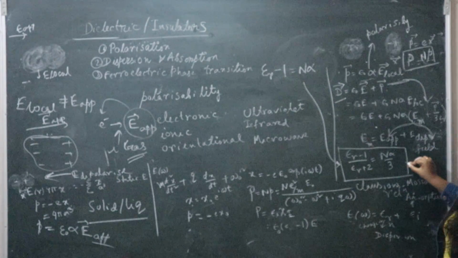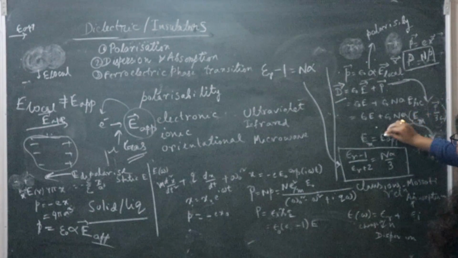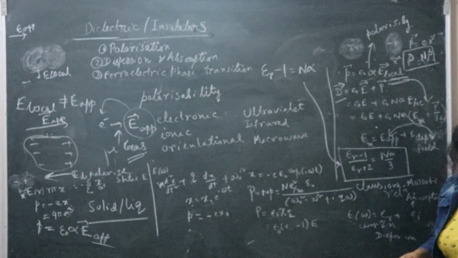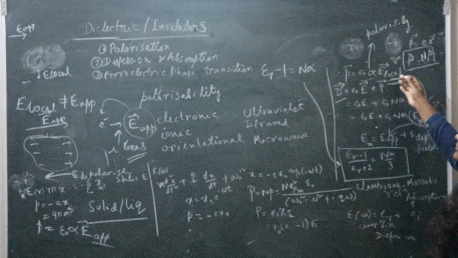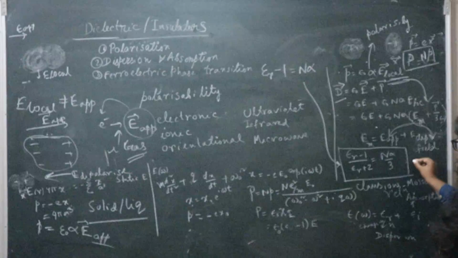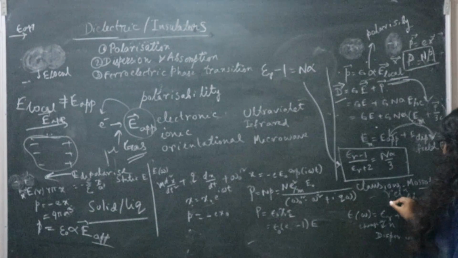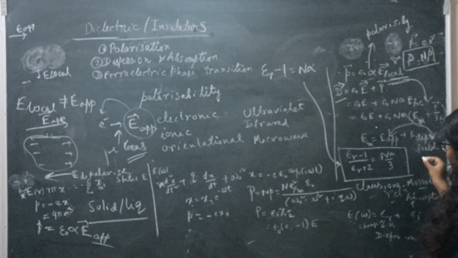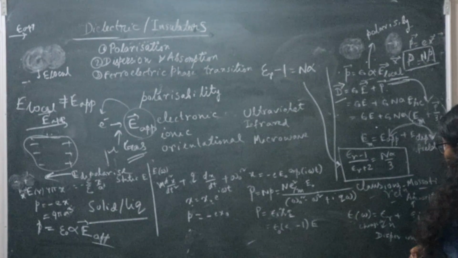It has changed due to E local, the electric field realized by the local electric field applied on the electrons. So this is the Clausius-Mosotti relation for the dielectric constant of solid or liquid dielectrics.